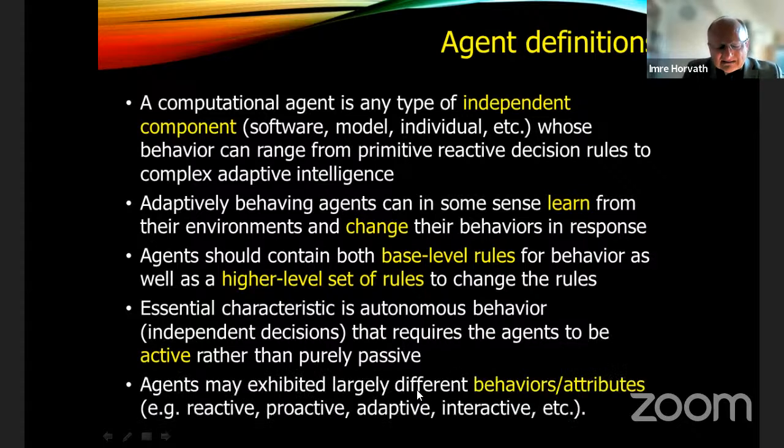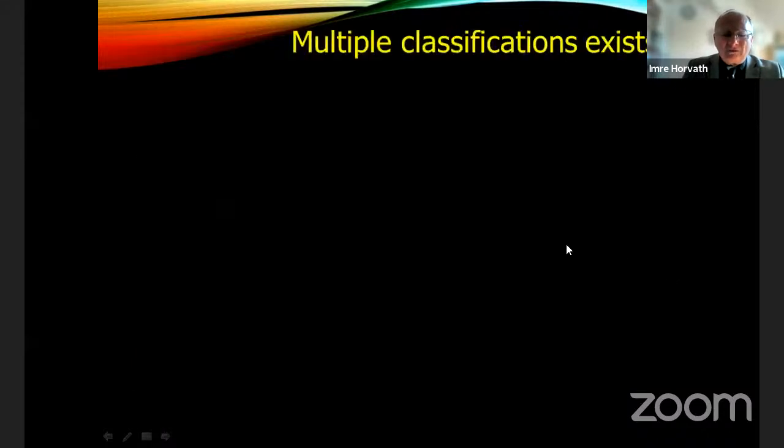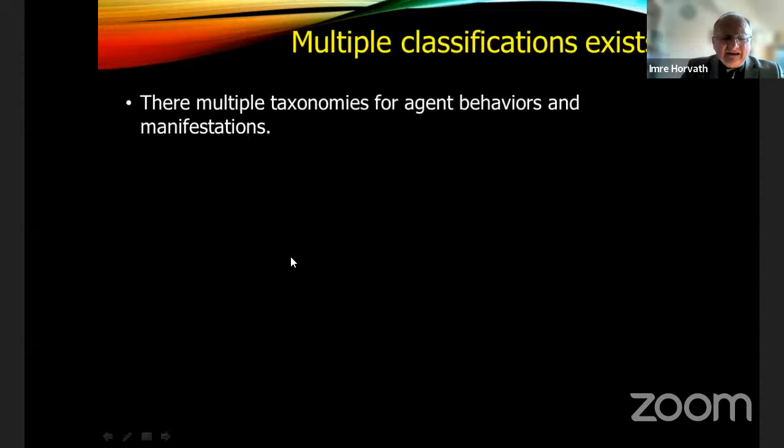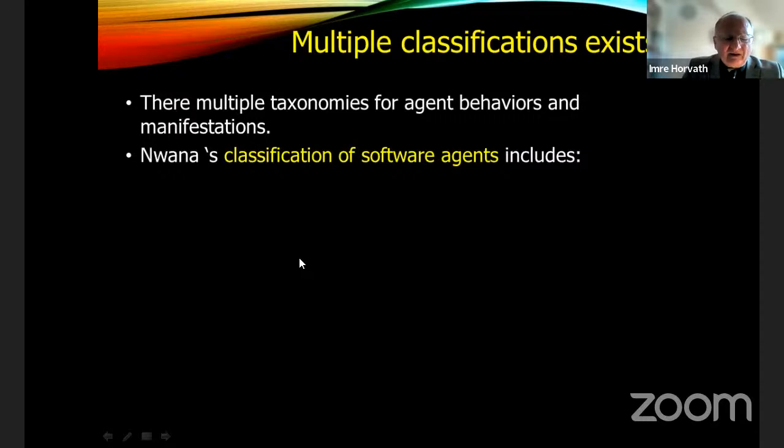So agents may exhibit largely different behaviors and attributes. They can be reactive, proactive, adaptive, interactive, and so on. I will discuss this issue later on in more detail. I also have to say that multiple classifications exist for the agent, and different taxonomies have already been proposed both for the agent behavior and the concrete manifestations of the agent.